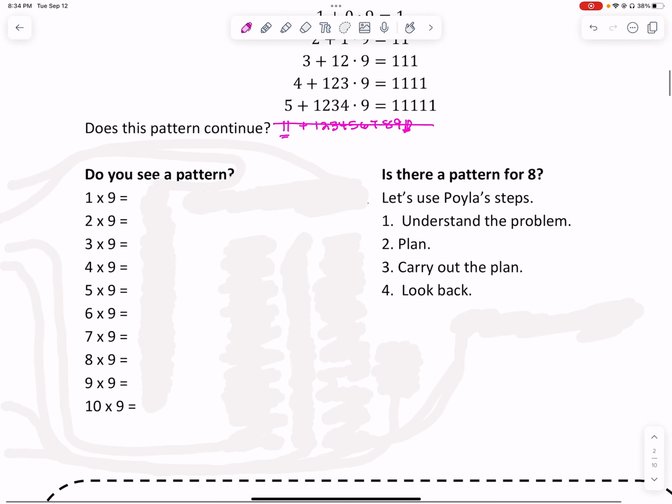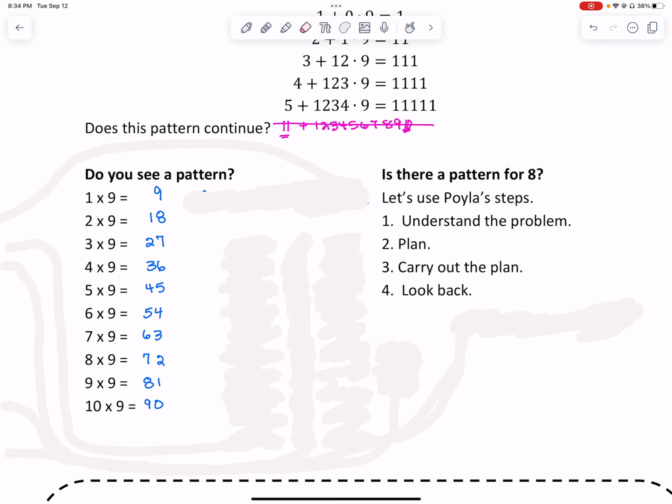Anyway, let's see if you see another pattern. And you may have realized this and used this when you were trying to memorize your nines. So here's our nines. 1 times 9 is 9. 2 times 9 is 18. 3 times 9 is 27. Okay, so here's our nines. Do you notice a pattern?